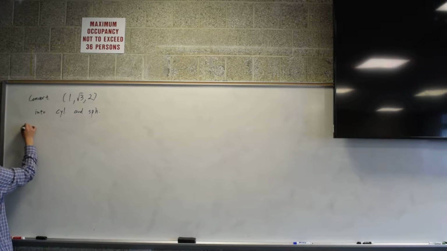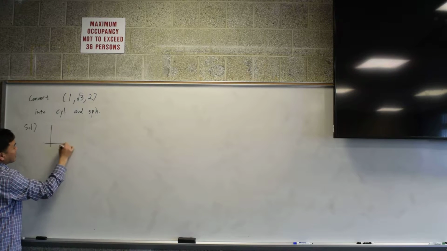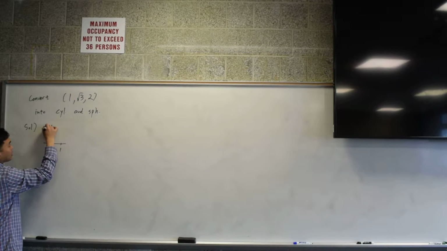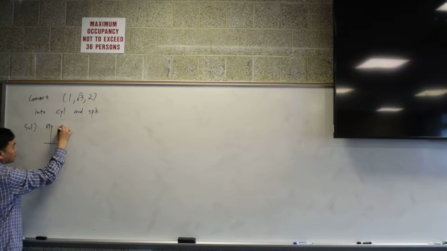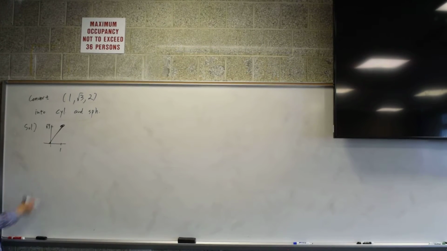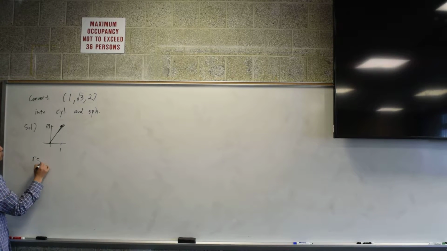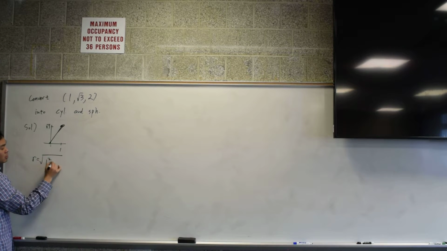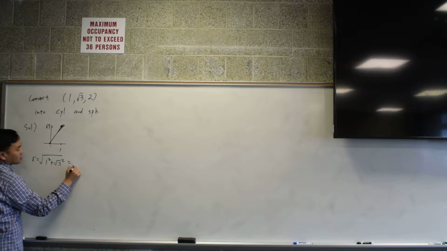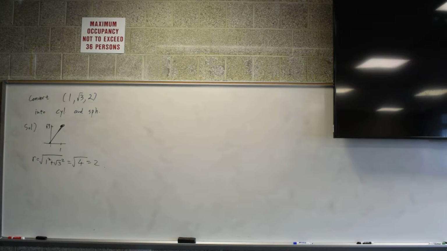Solution. First, if you have 1 and radical 3, this is the point that you're trying to represent in polar coordinates. What's this distance? r is the square root of 1 squared plus radical 3 squared, so it's the square root of 4, which is 2. So that length is 2.